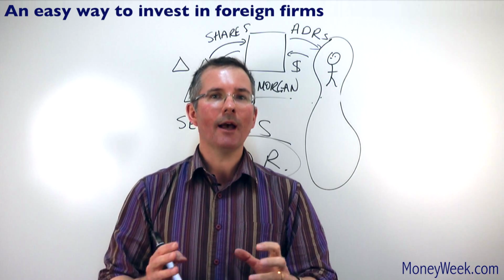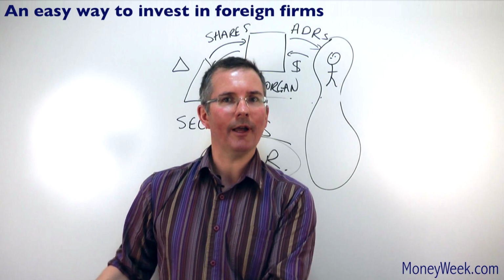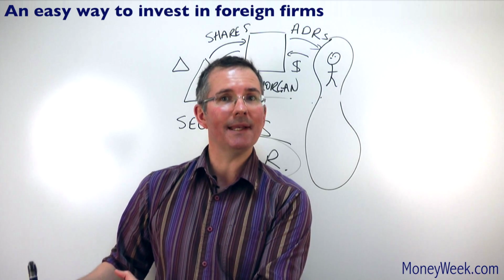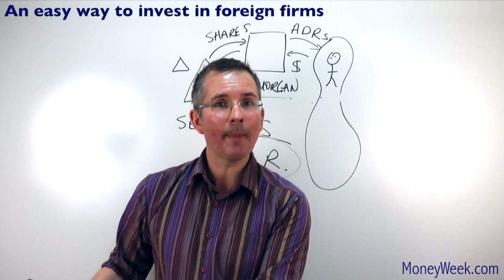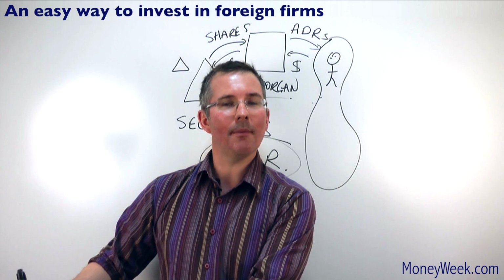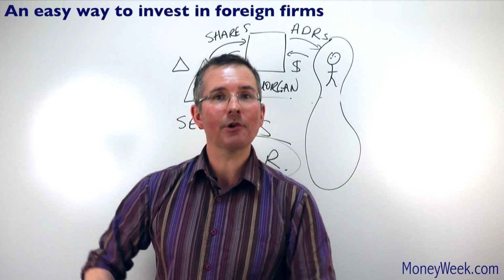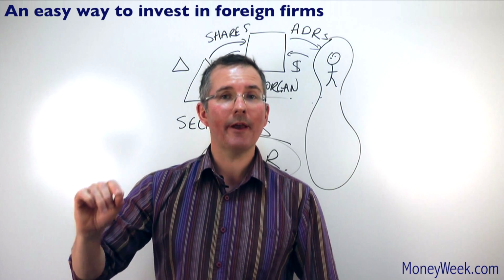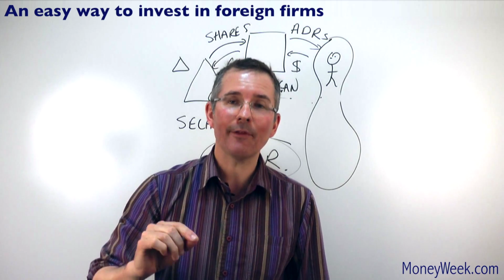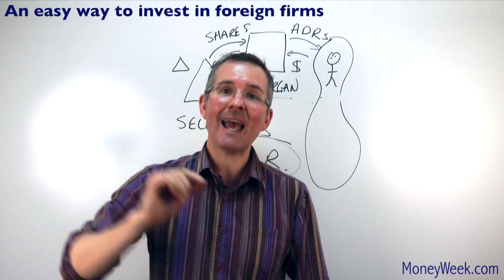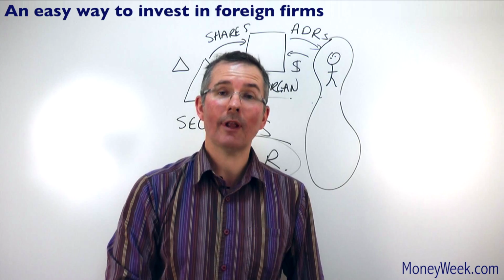Maybe an international bank qualifies in the local market, but Tim Bennett doesn't, too small, all right? So the bank can buy up the local shares that I can't, and then create separate, keyword there, separate depository receipts on the back of those shares that Tim Bennett can trade somewhere else like London.